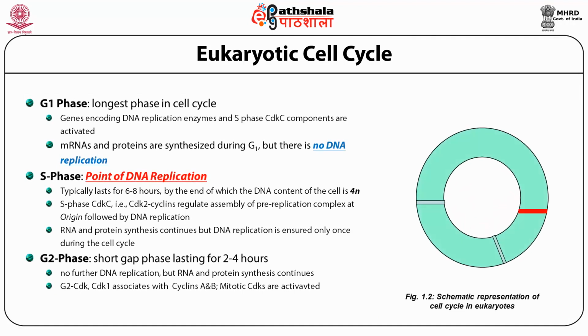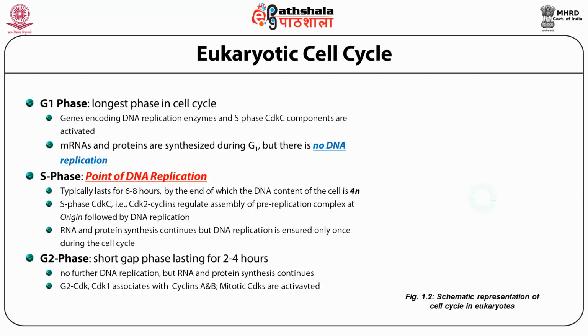Now let's understand what is the exact point of DNA replication in the eukaryotic cell cycle. As we have already seen, the most important difference between prokaryotes and eukaryotes is the occurrence of the nucleus and the genome enclosed inside a nuclear envelope.